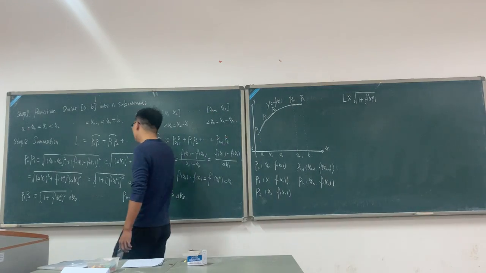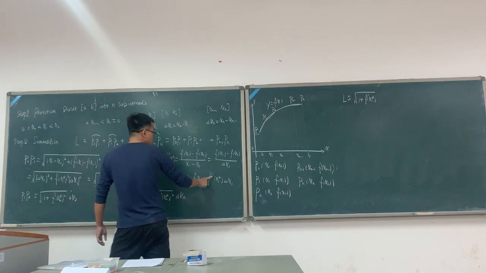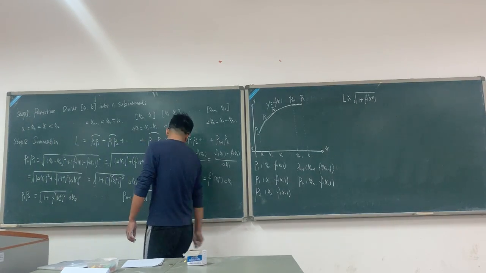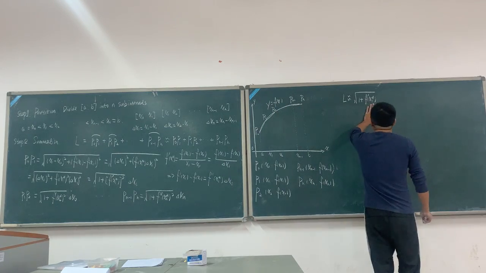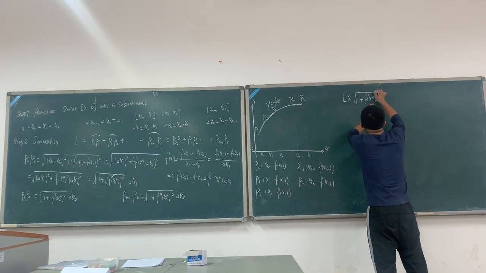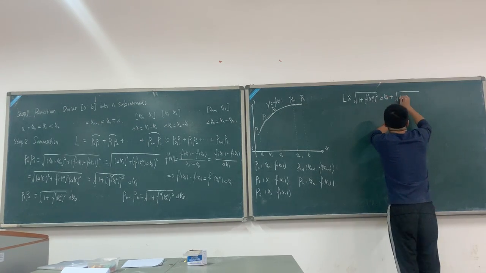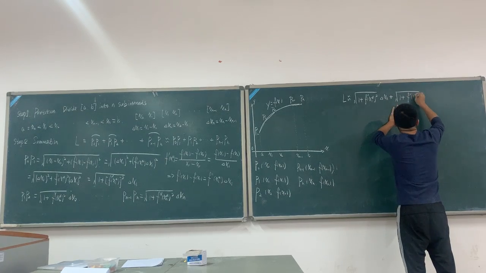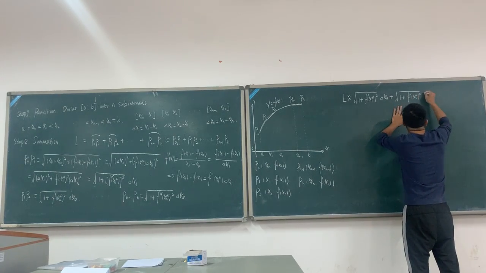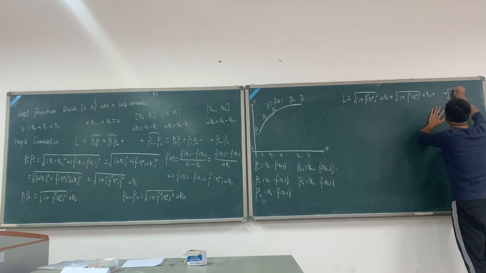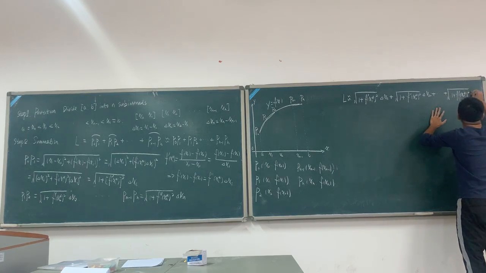I'm sorry, here actually is f prime, because here is prime, so here is also prime. So f'(x1*) squared times delta x1, plus the square root of 1 plus f'(x2*) squared times delta x2, plus the square root of 1 plus f'(xn*) squared times delta xn, okay?